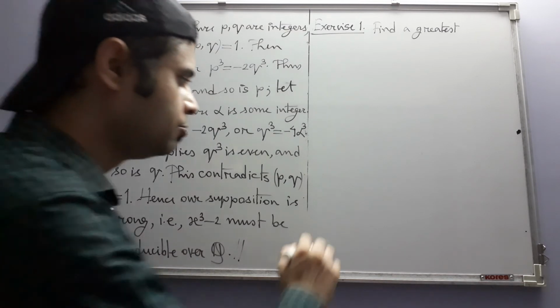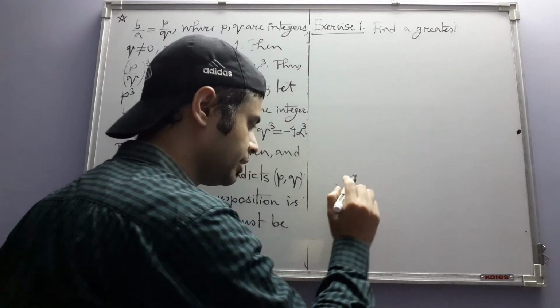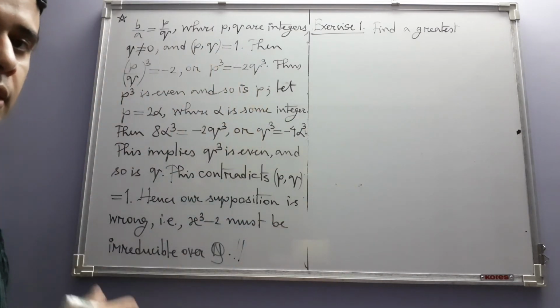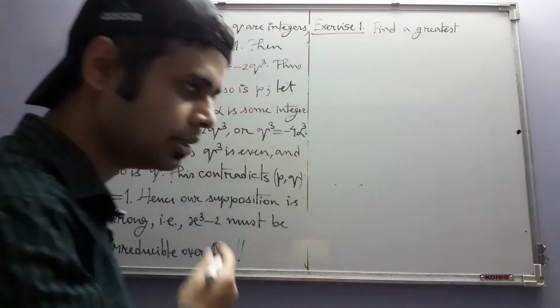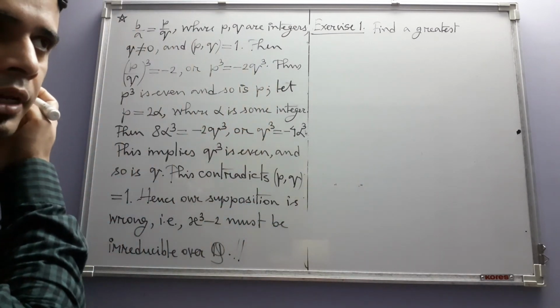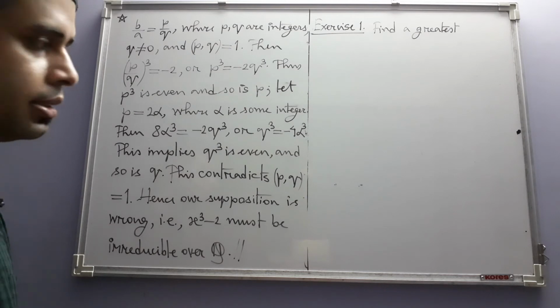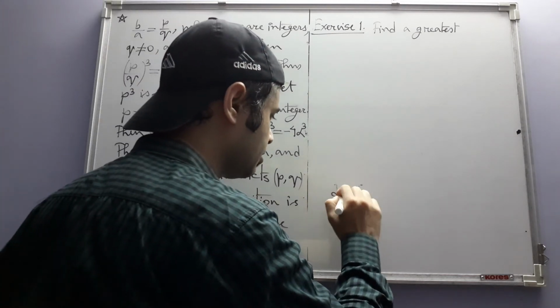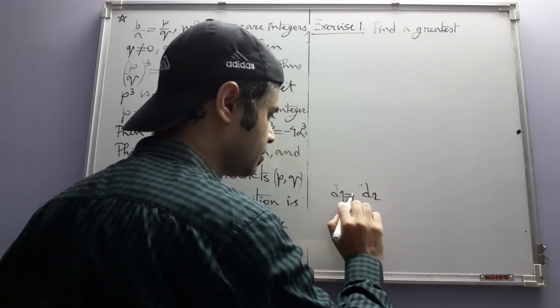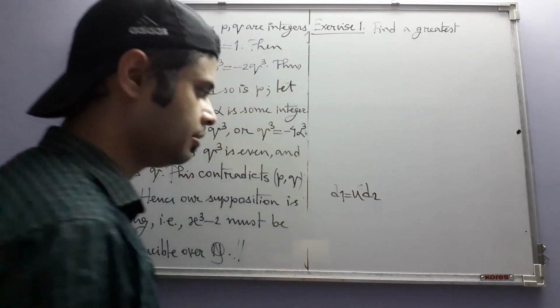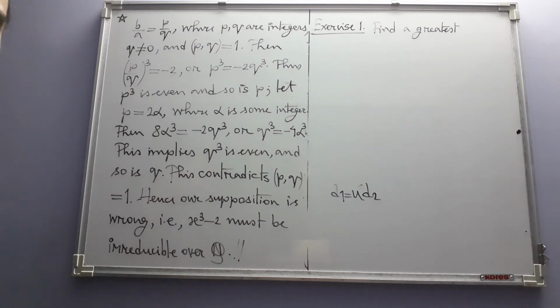There may be more than one GCD, in fact at least two, and they are all associates. That is, if D1 is a GCD and D2 is another GCD, then there is some unit element U such that D1 is equal to U D2.